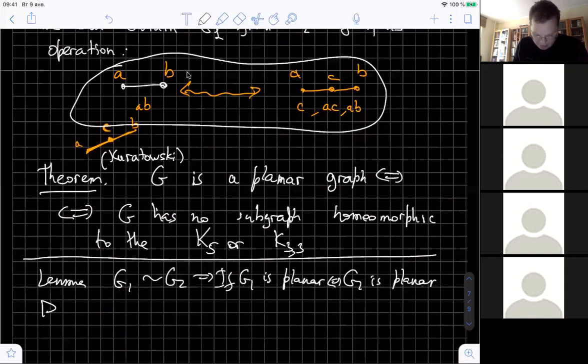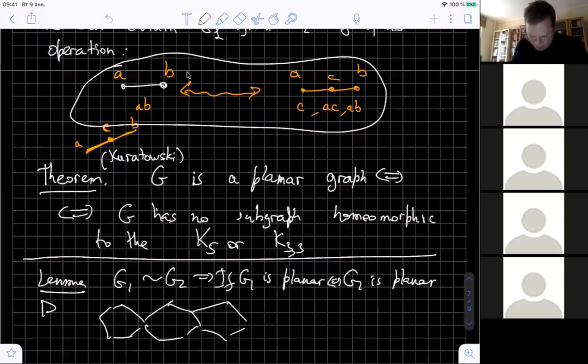Because if we can embed something on the plane, then if you put new vertices in between two existing vertices, it will also be a planar graph. And if you have two edges and forget about the point in the middle, then of course the new graph will also be planar.